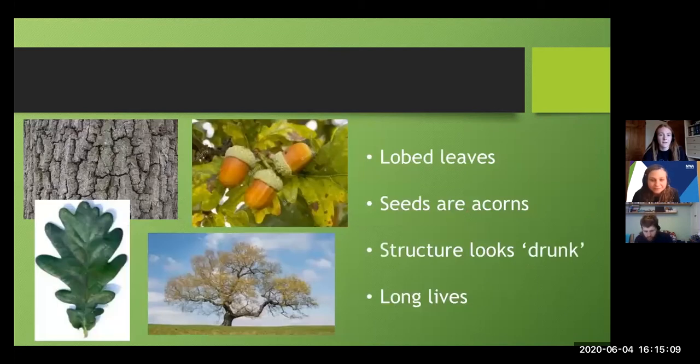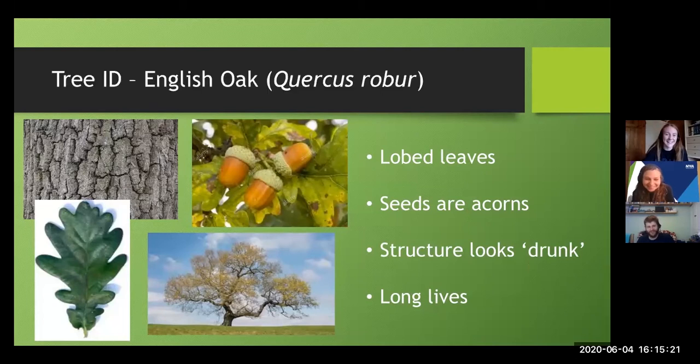Okay, so can we guess what this one is? Easy one to start with. An oak, quercus. Yeah, oak tree. I am not going to even try and pronounce these scientific names. But yeah, so English oak, obviously lobed leaves, that's really distinctive.